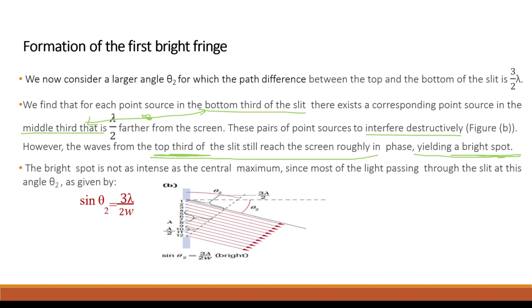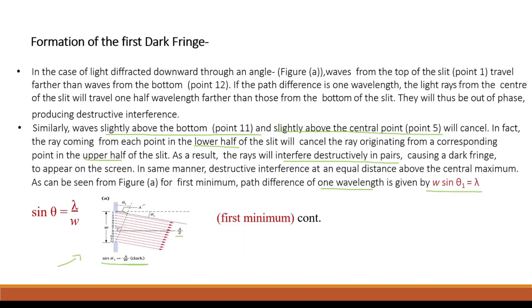And so the bright spot is not as intense as the central maximum, because most of the light passing through the slit at this angle is given by this expression, which has a value. It's not 0, as we saw.